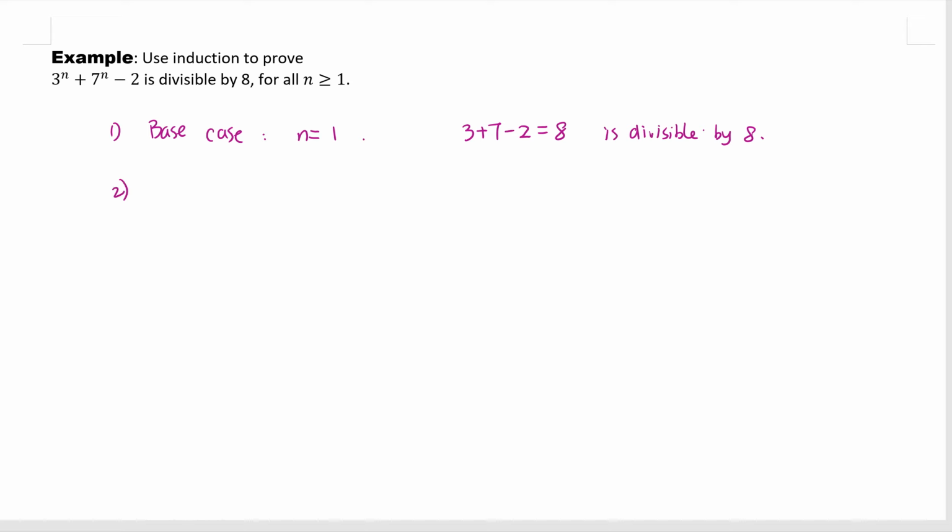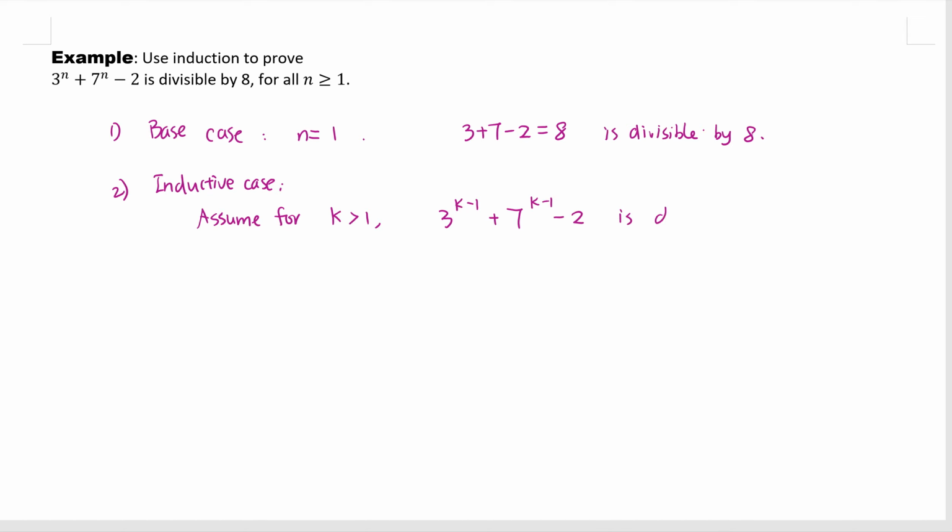Second, the inductive case. We want to assume for k greater than 1, we replace n by k minus 1, so the statement for k minus 1 is true.